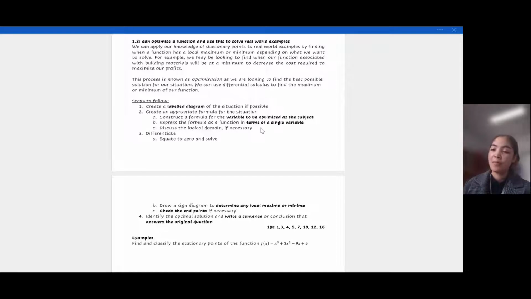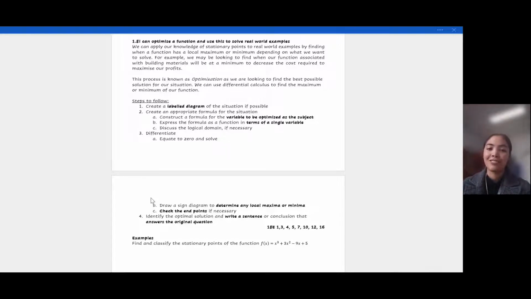Once we've set up our function, we can then differentiate it. Remembering back to when we found our stationary points, we need to find where our derivative is equal to 0. Once we've done that, we will find where potential local maxima and minima are.